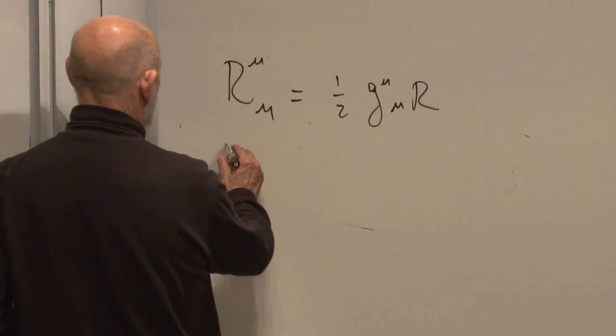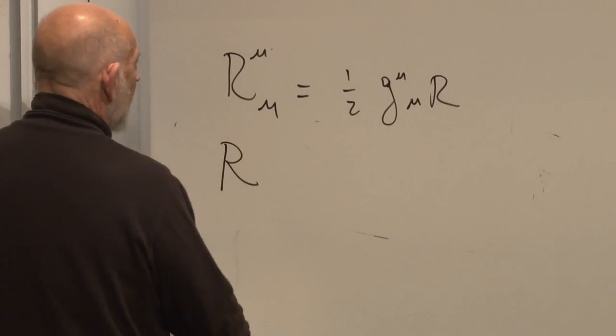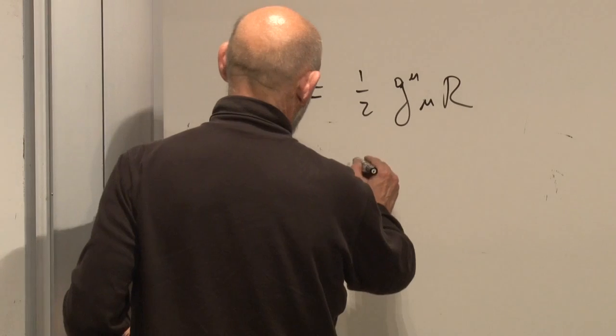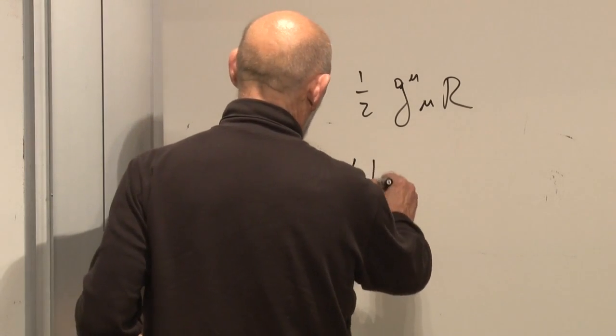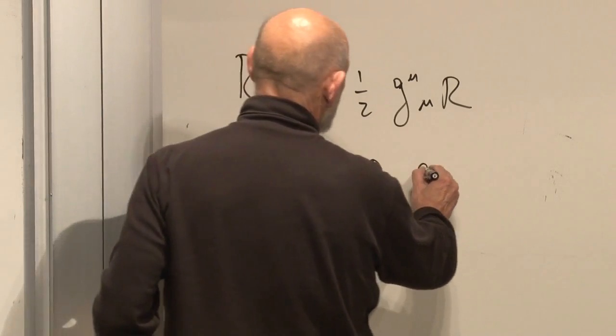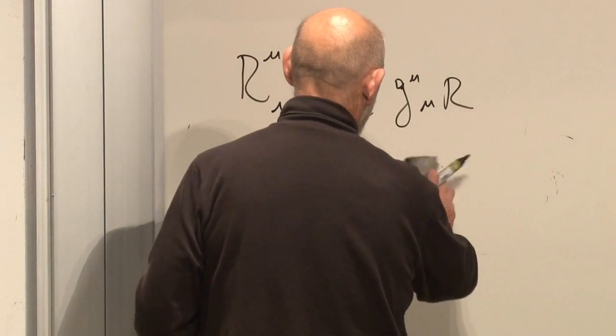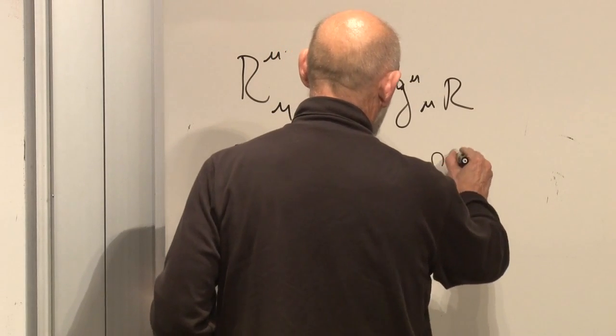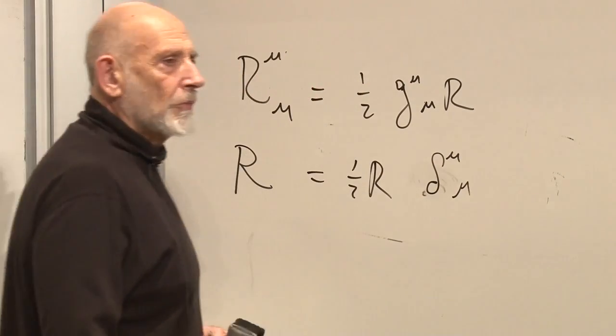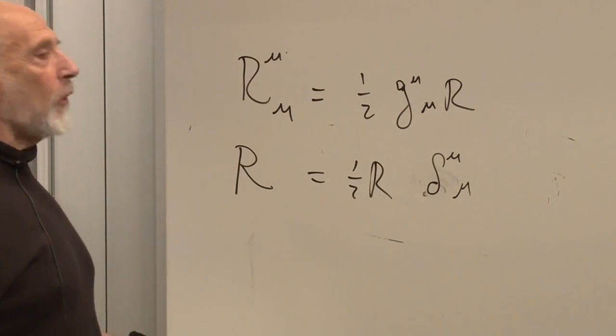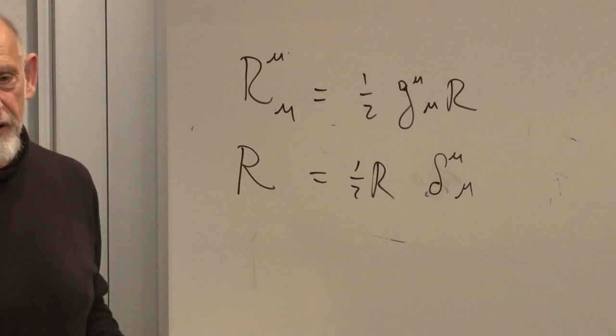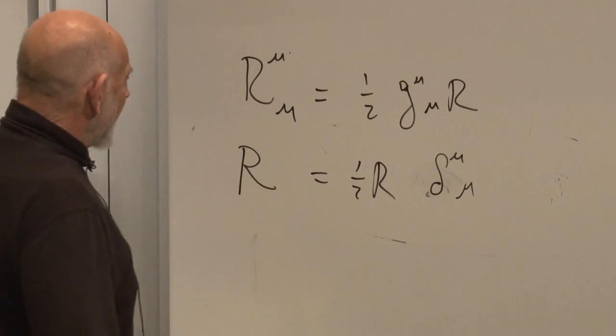On the left-hand side, I get r. On the right-hand side, I get 1/2 r times this object g mu mu, or better yet, delta mu mu. What is delta mu mu? 4. There are 4 pieces.